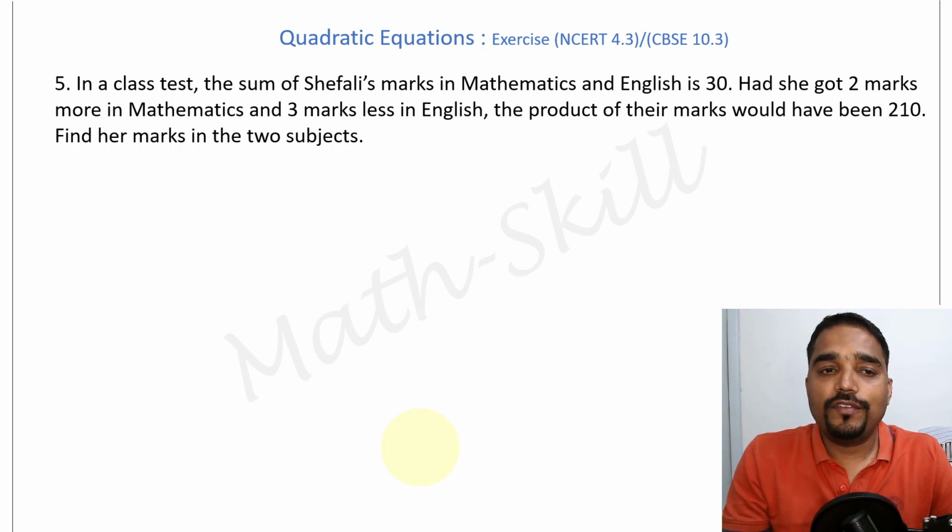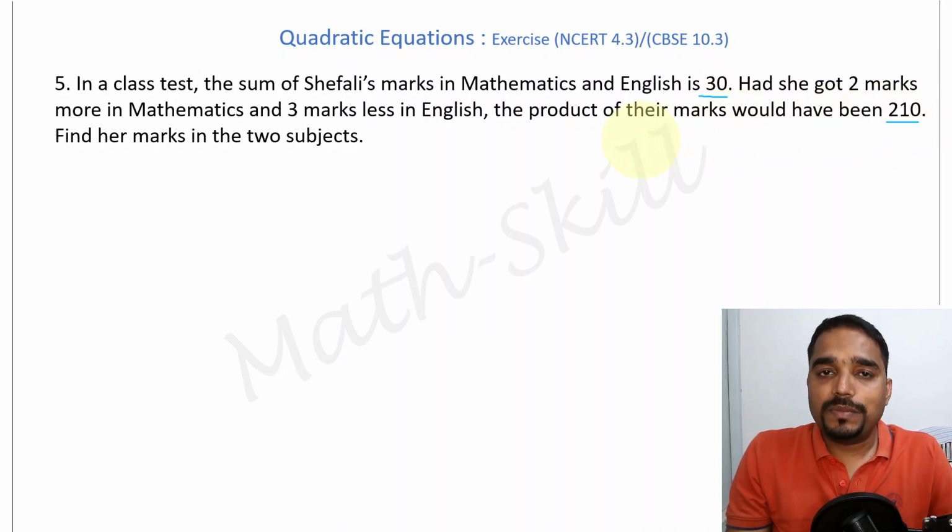I have noted down the given problem, which, as discussed earlier, is a part of the quadratic equations chapter. We will have to find Shefali's marks in two subjects, mathematics and English, where the sum of the marks she has scored is 30. The condition is, if she had scored 2 marks more in mathematics and 3 marks less in English, the product of the marks would have been 210.